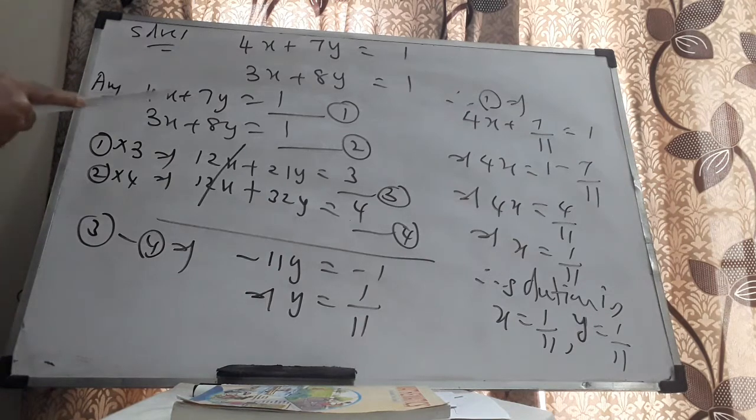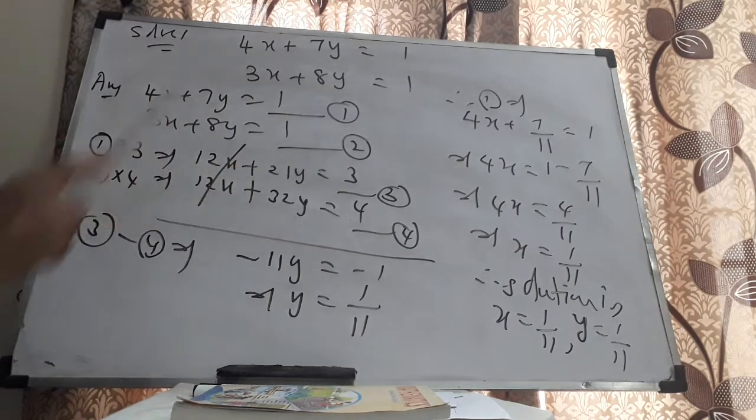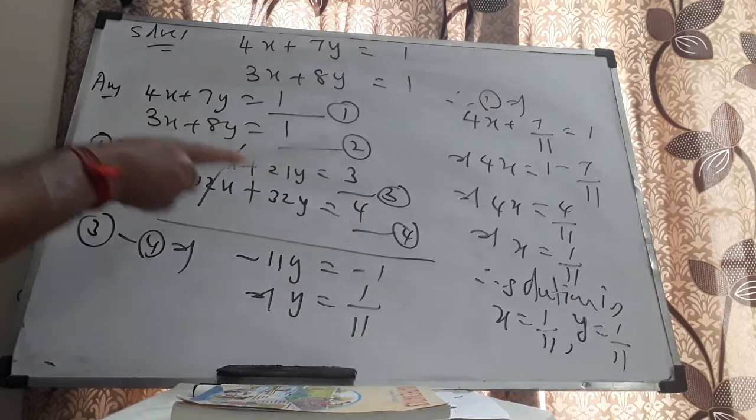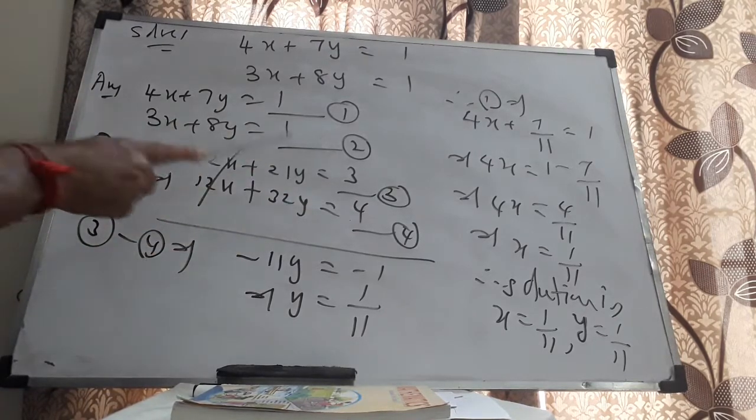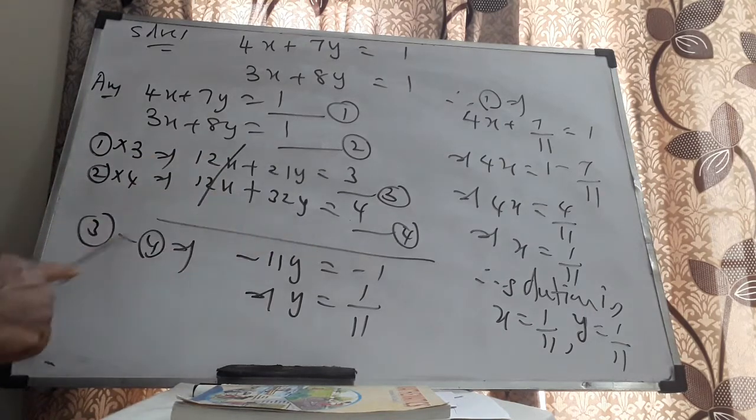I repeat the solution: 4x plus 7y equal 1, equation 1; 3x plus 8y equal 1, equation 2. I need not always eliminate x, you can try with the elimination of y also. Try on your own anyway. Equation 1 into 3: 12x plus 21y is equal to 3, equation 3. Equation 2 into 4: 12x plus 32y is equal to 4, equation 4.